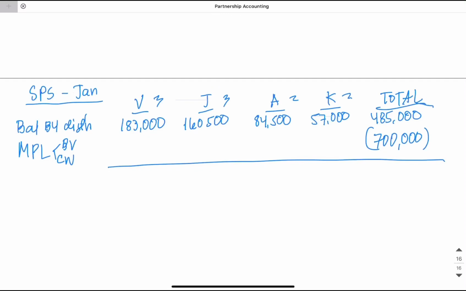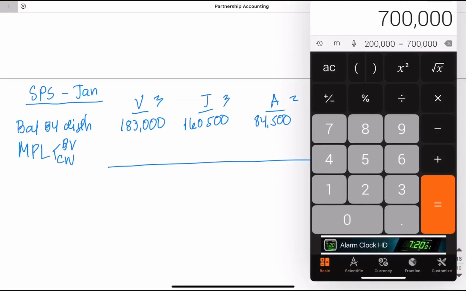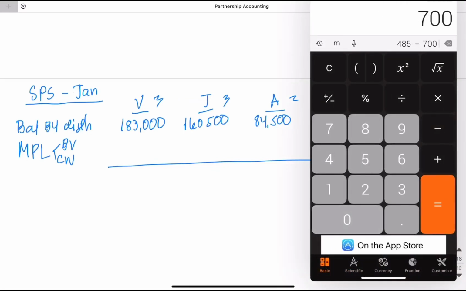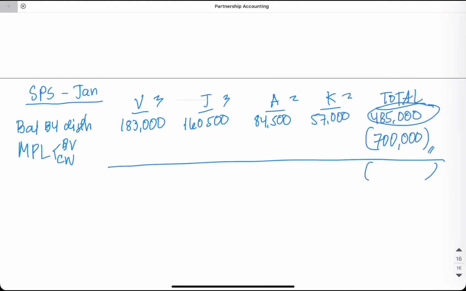Because this is the total amount to be received by the partners, or the total interest or capital that they would receive without this maximum possible loss. When we deduct this 700,000, we would have a negative amount. So let's see, 485 minus 700. So we would have a negative amount of 215,000.